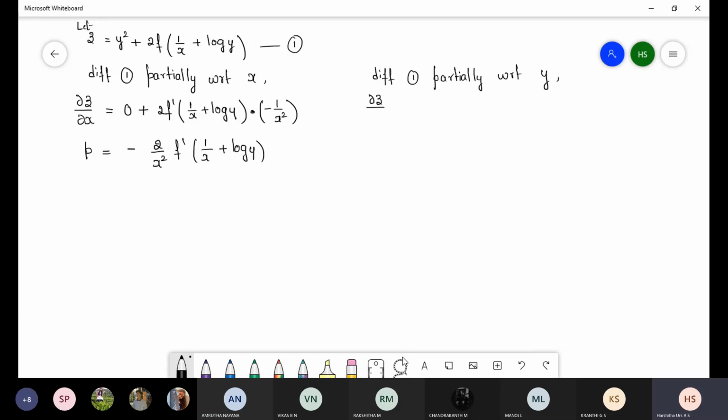So here dou z by dou y is equal to differentiation of y square is 2y plus 2 into differentiation of f is f dash of 1 by x plus log y into, what is the differentiation of log y?